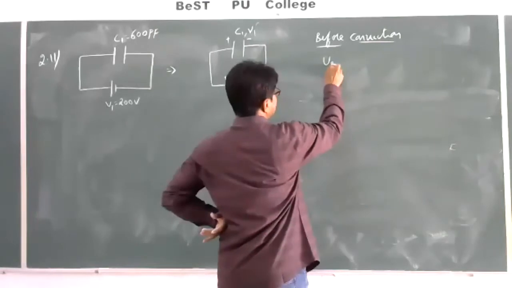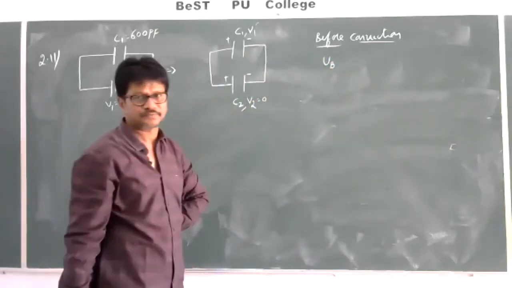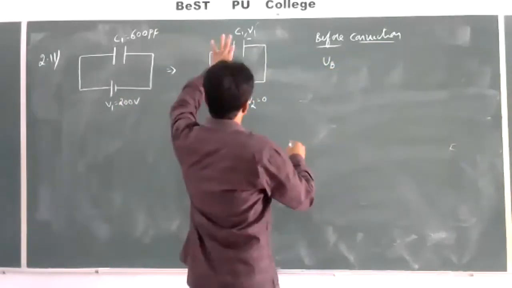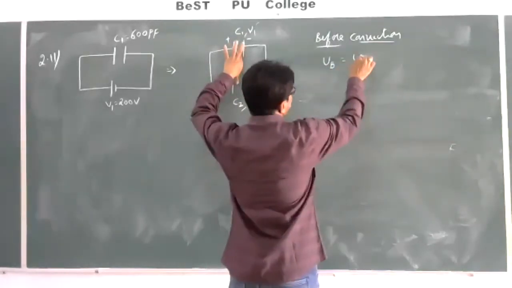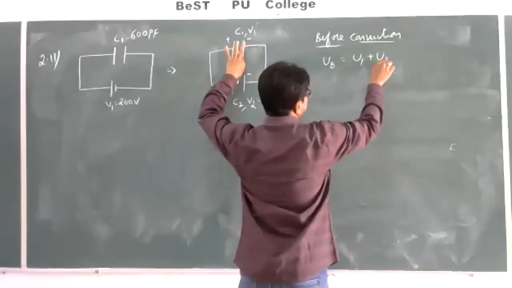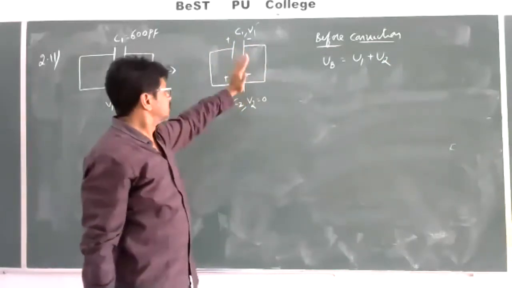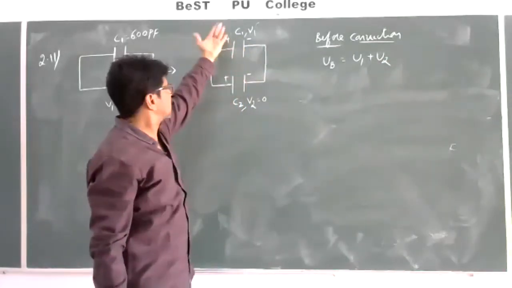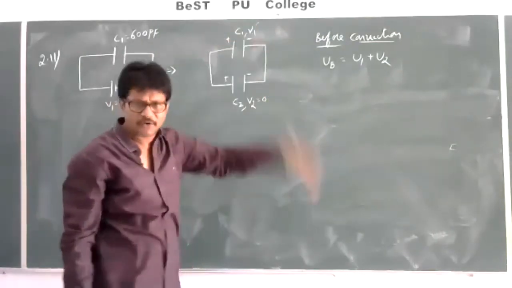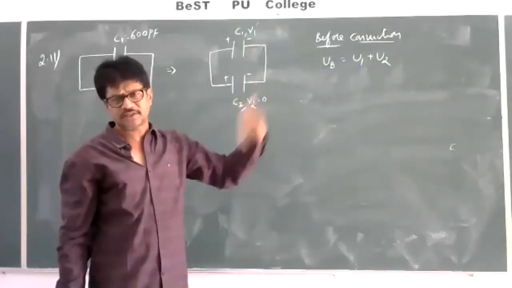Total energy stored before connection is equal to the sum of these two individual energies before connection. What is being asked? Before connection, what is the energy? After connection, what will be the energy? Then what is the loss?